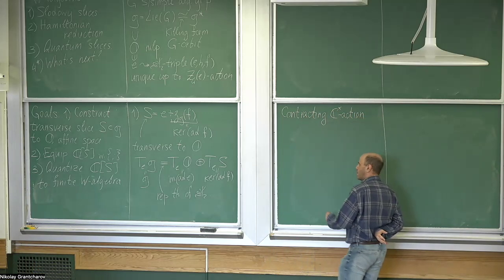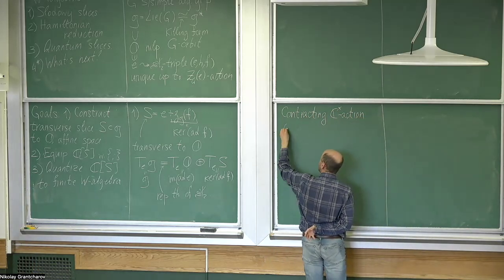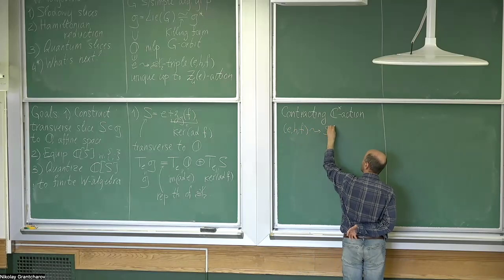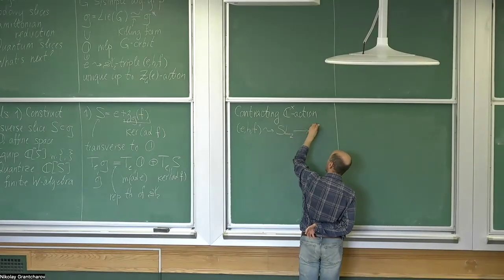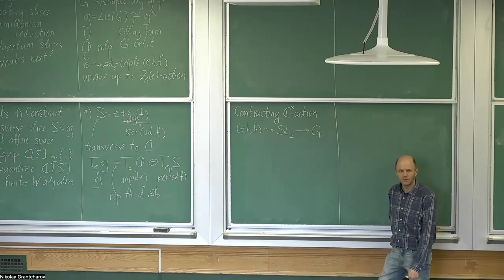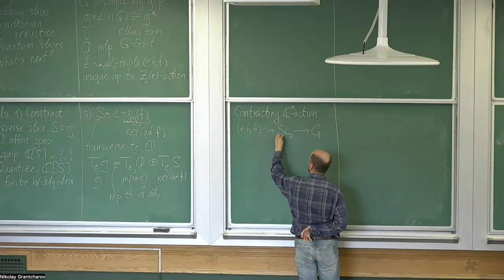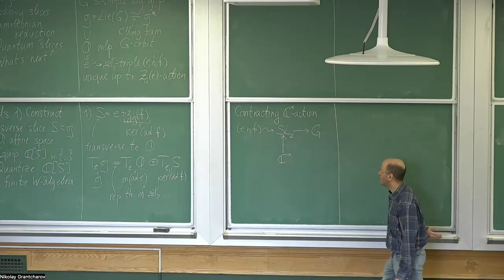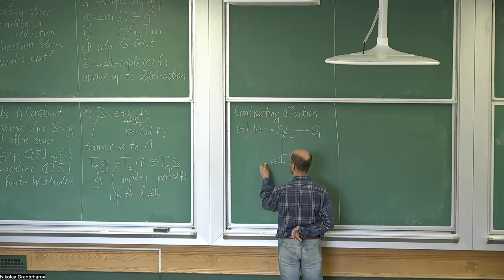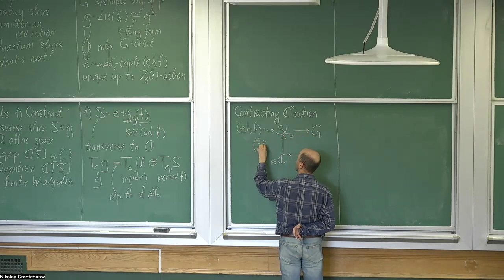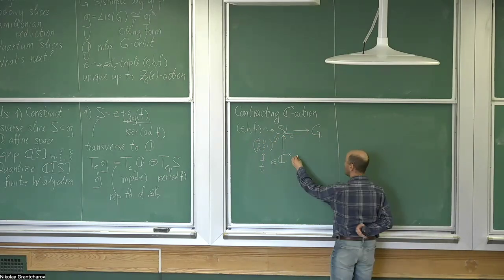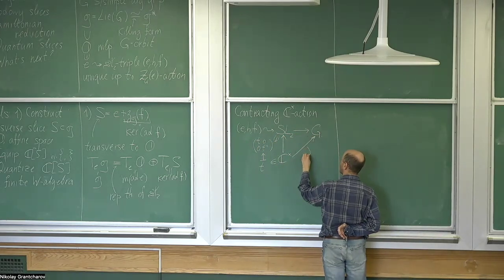We have this SL2 triple e, h, f, and it gives rise to a homomorphism from the group SL2 to G. Now I have a homomorphism from the one-dimensional torus C cross to SL2, which takes an element t and sends it to the diagonal matrix fitting inside of SL2. I can compose them, and I get a homomorphism which I'm going to denote by gamma.